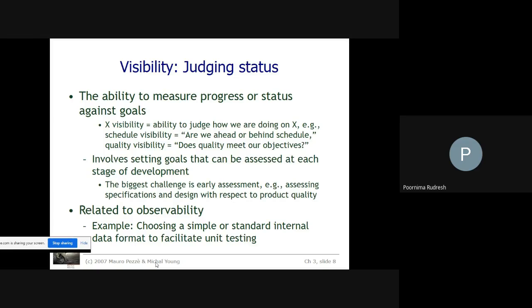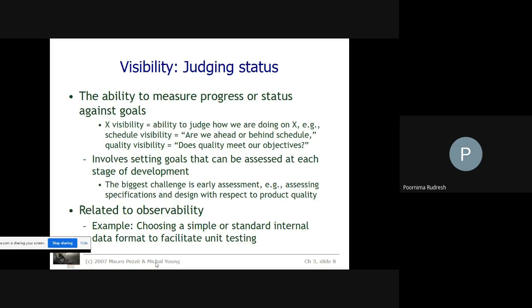When you compare, if both match, then you can say that we are experiencing quality visibility. If not, then we say that it is not satisfying quality visibility. Okay, we have two types of visibility: schedule visibility and quality visibility. And simply, visibility means the ability to measure the progress or status against the goals.